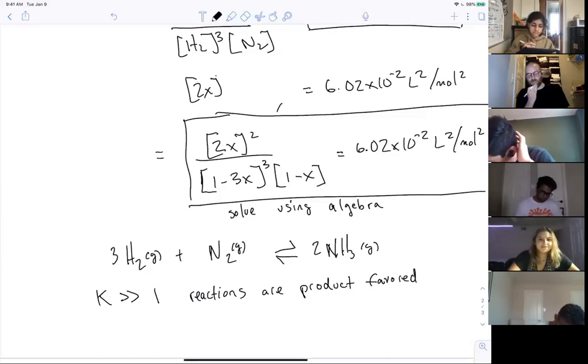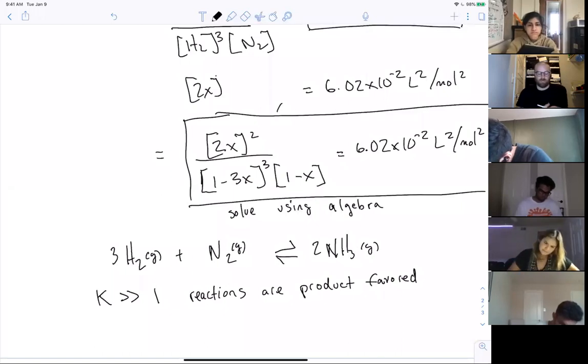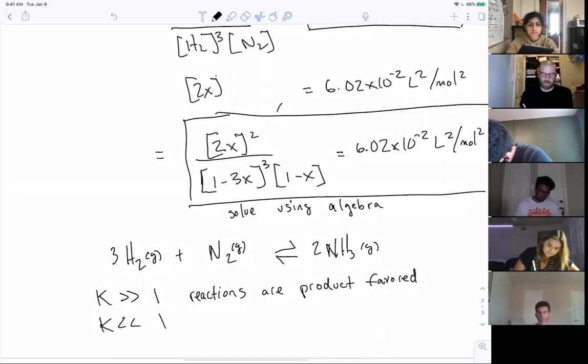So if K is equal to 1 million or something, then I know that I'm going to form a ton of ammonia. But in the opposite direction, K much less than 1, reactions are reactant favored.